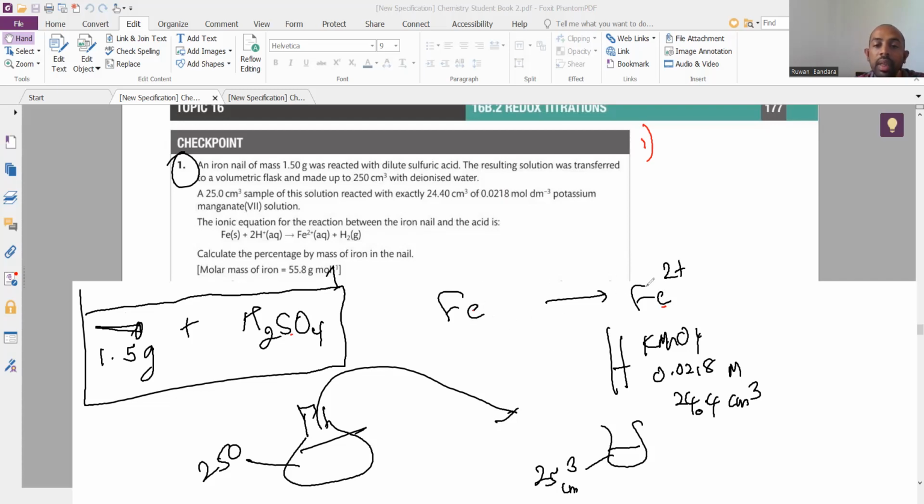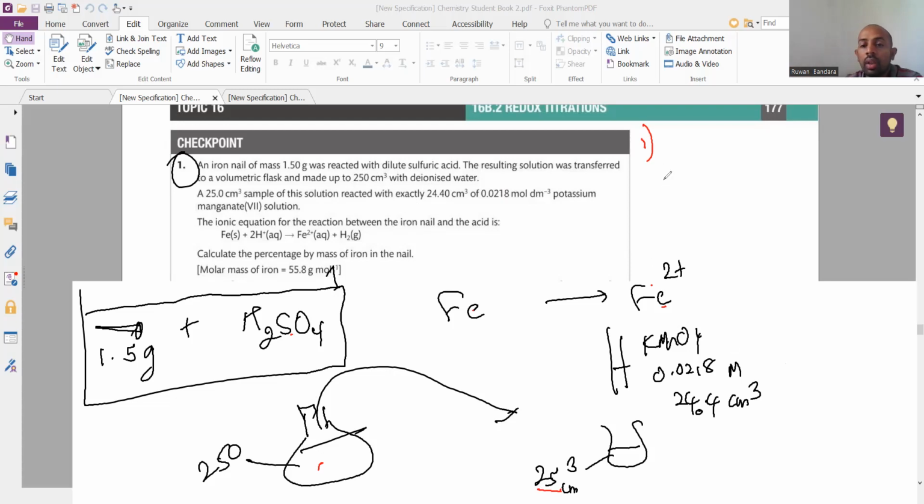Only the iron will be converted to Fe2+. This solution is added to a 250 cubic centimeter volumetric flask and made up to 250 by adding water. And from this, only 25 cubic centimeters is taken out and titrated with potassium manganate. That's what they are doing.